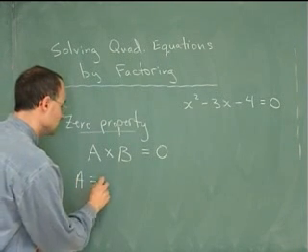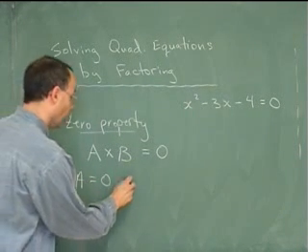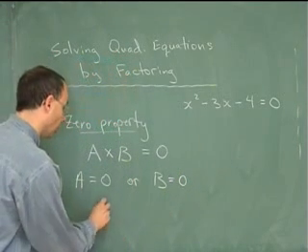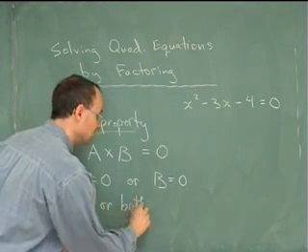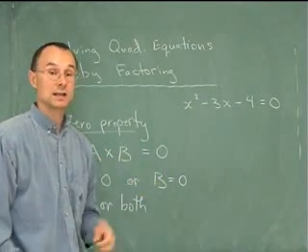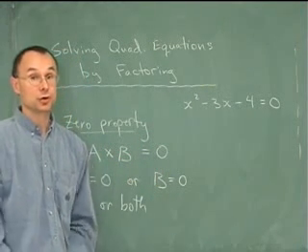Either A is equal to 0, or B might be 0, or both. That's the only way when things are multiplied together, you're going to get them to equal 0. It's called the zero property.